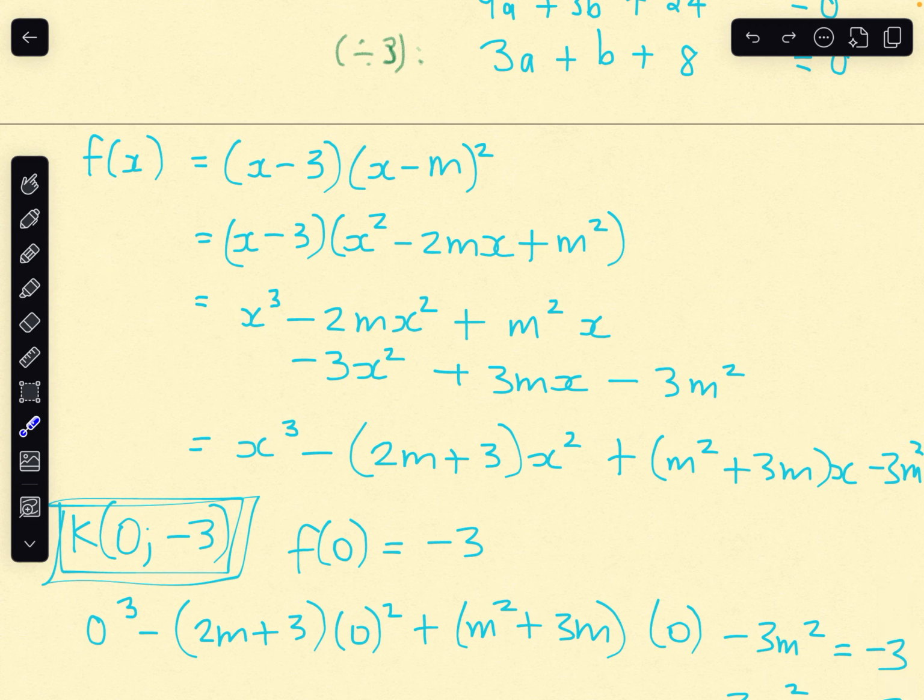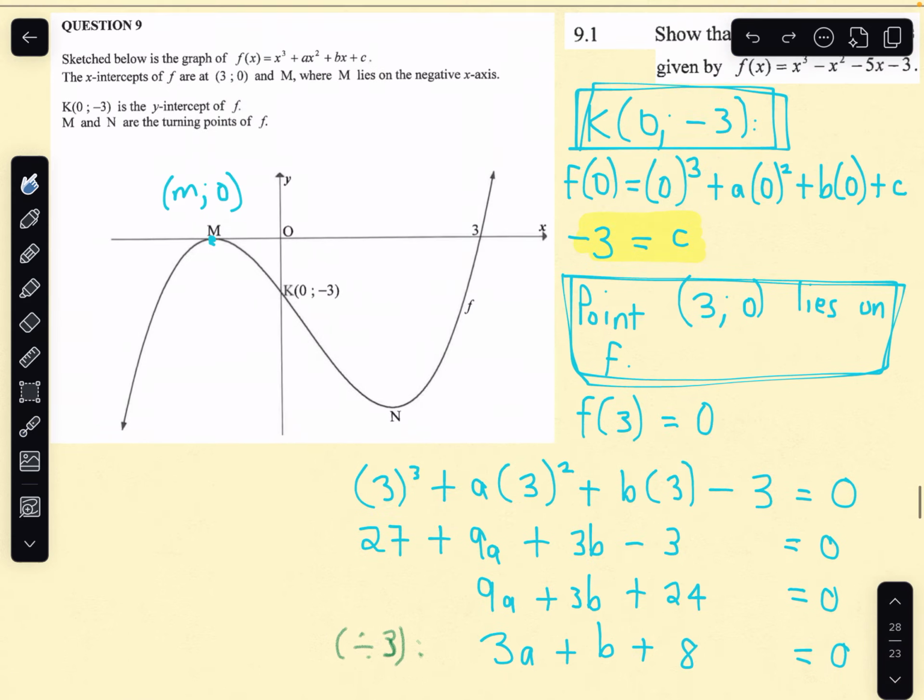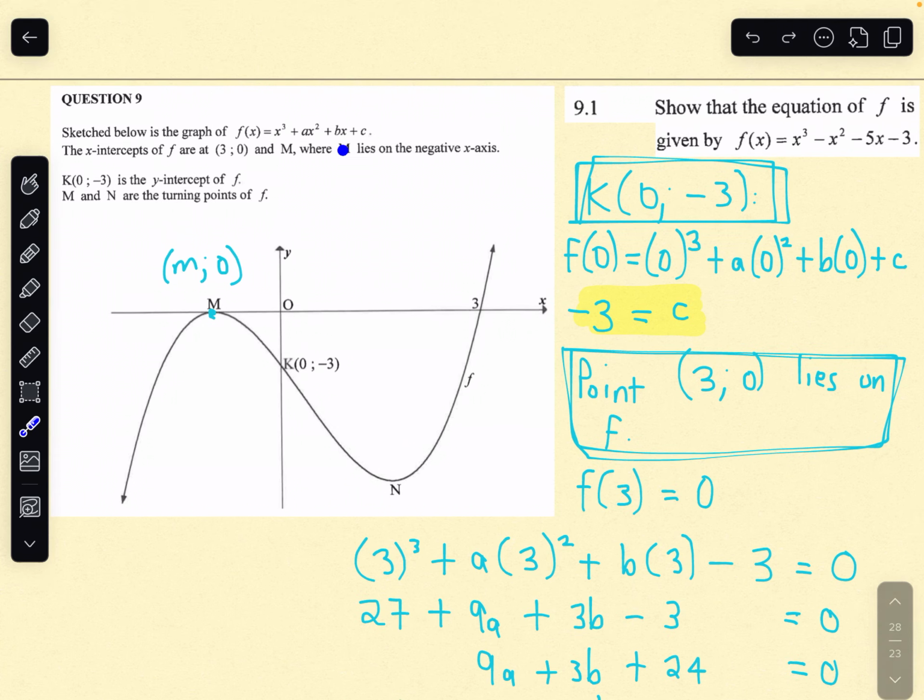We know that because that's where the turning point and the x-intercept occur, the squaring is on this bracket, not on this one. And so we go from having a function that has 3 unknowns, and therefore needing 3 pieces of information, to solving it in terms of m.